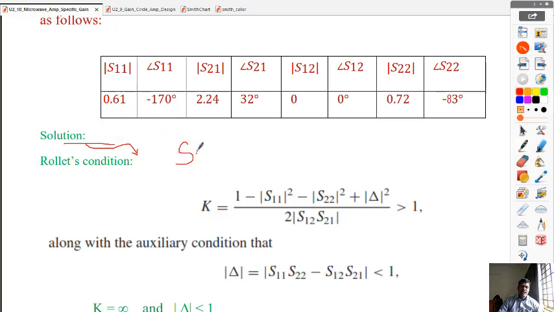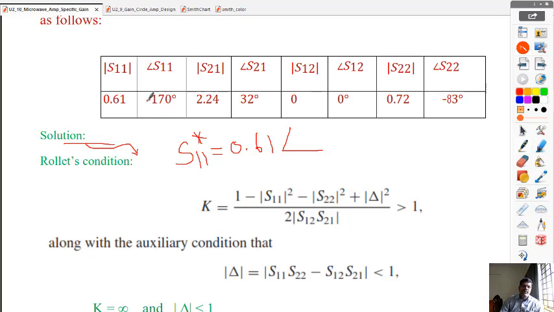0.61. So the S11 star equals the same amplitude 0.61, and the angle given for S11 is minus 170 degrees.